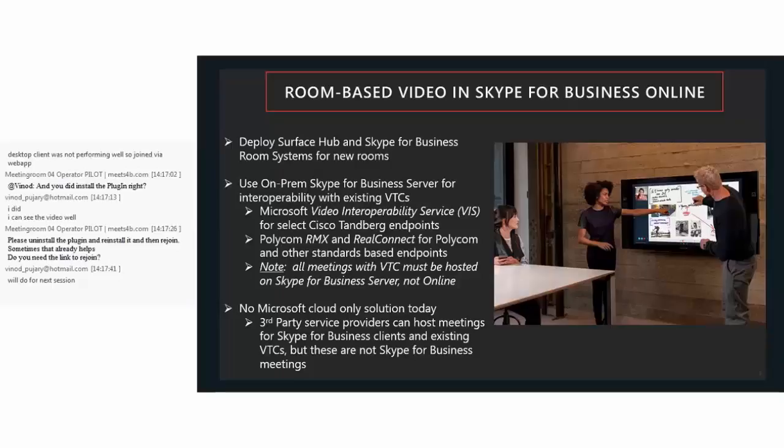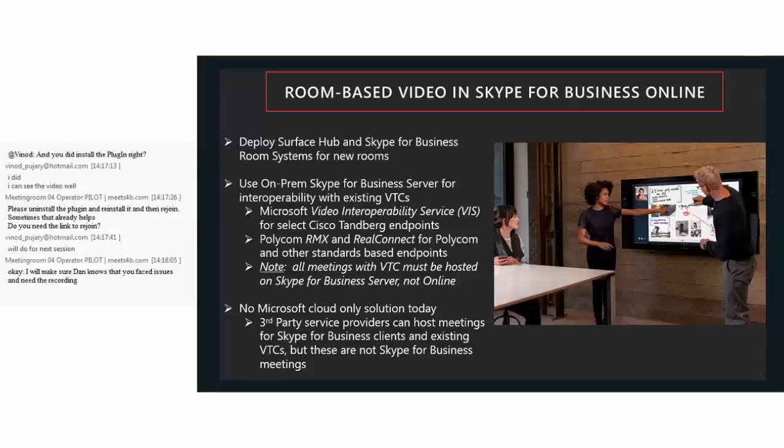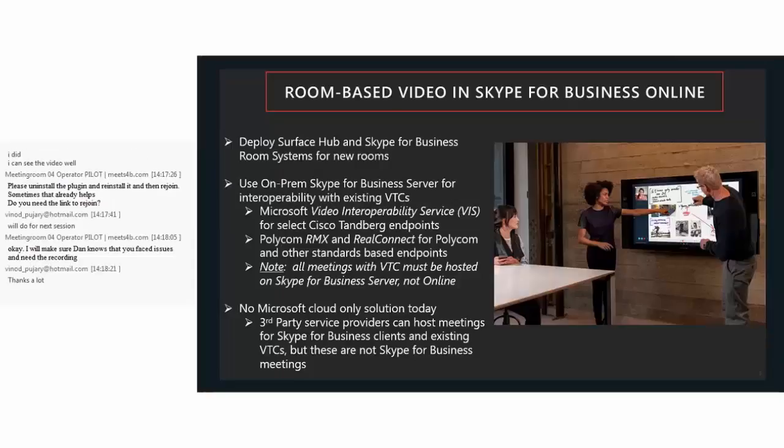The answer is yes. However, there are some things that you would have to take into consideration if you plan to deploy the Surface Hub using other video teleconferencing systems that you may have. Now, if you have a Skype for Business Server infrastructure, then you would be able to integrate this Surface Hub with some of the third-party VTCs that you may have.